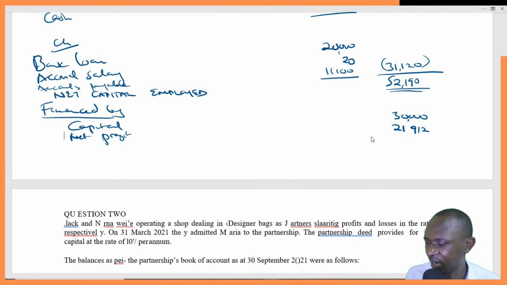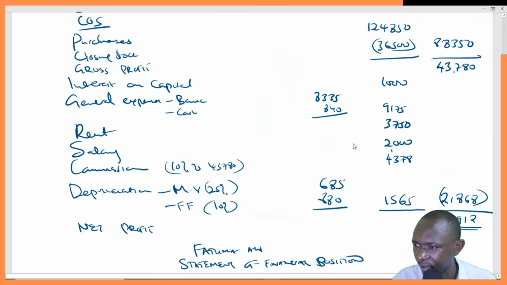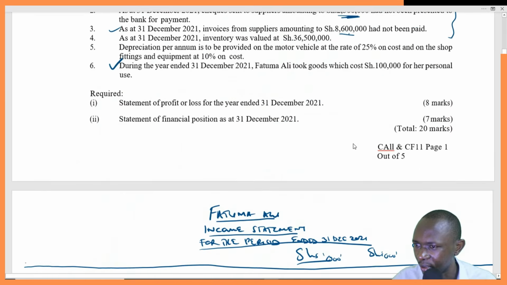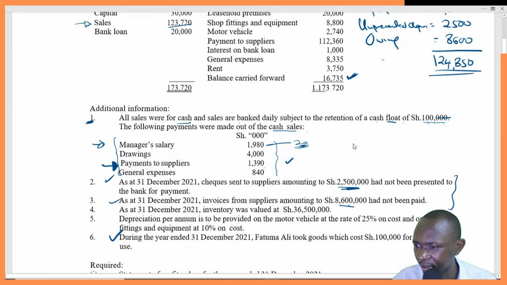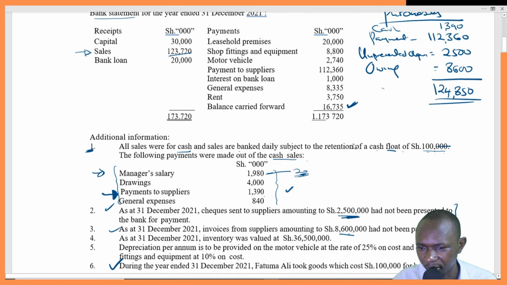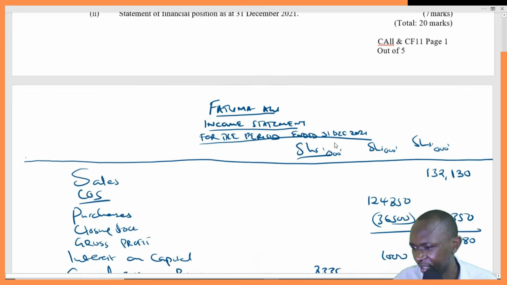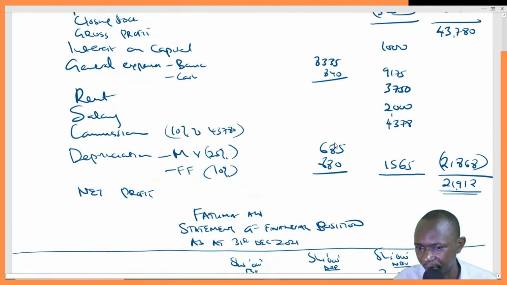There's something we have forgotten. It was quite tricky, hidden. Yeah, I've mentioned net profit and I've remembered.